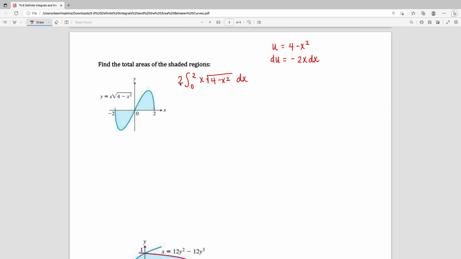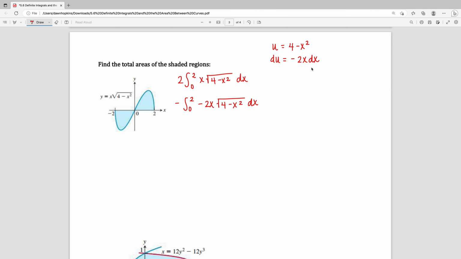I can bring the 2 to the other side of the integral, but I'm missing that negative. So what I can do is just put a negative in front and make that a -2x on the inside. So you'll see I now have my -2x, and then there's the dx to create that du.